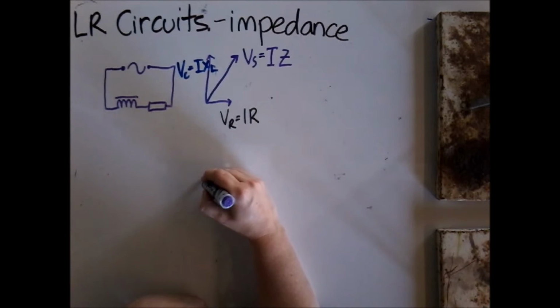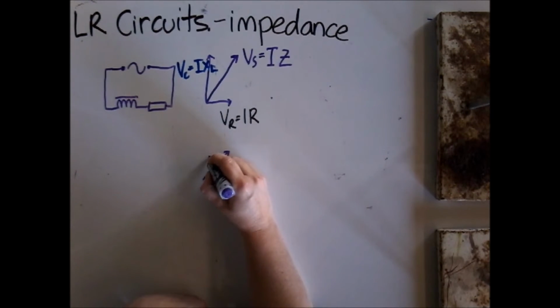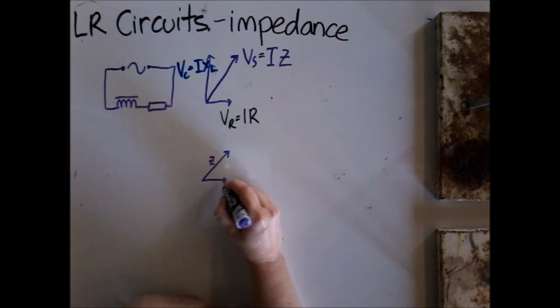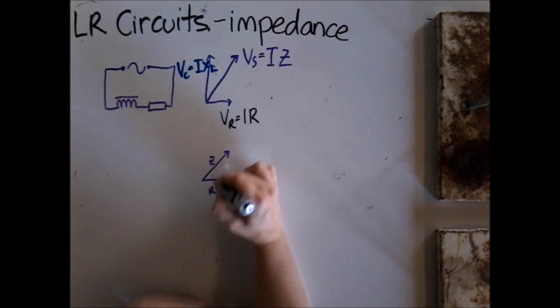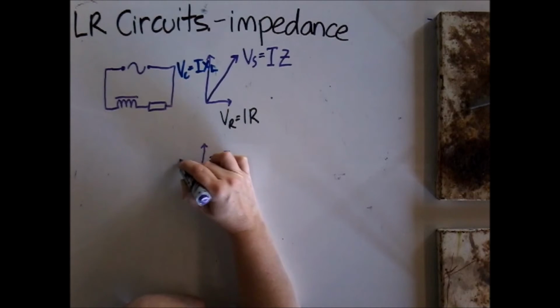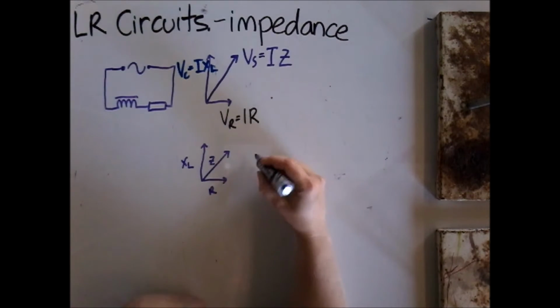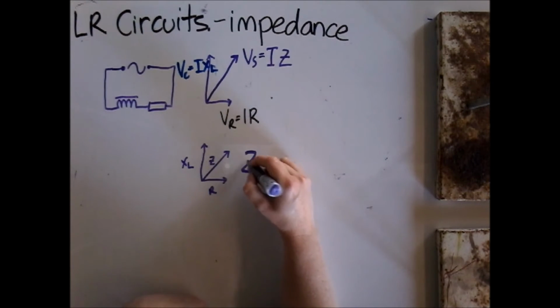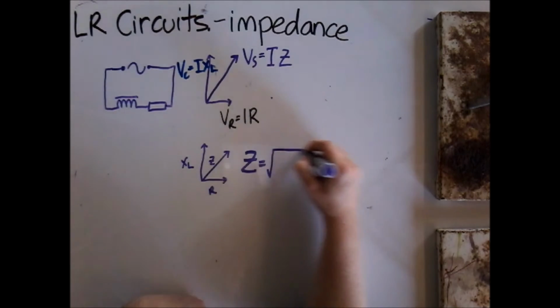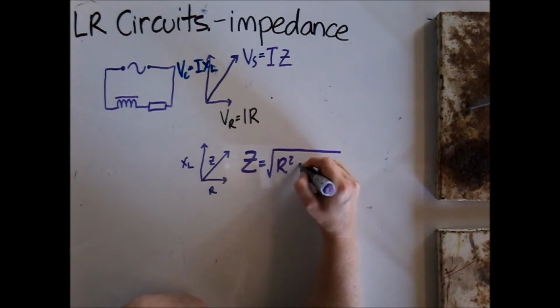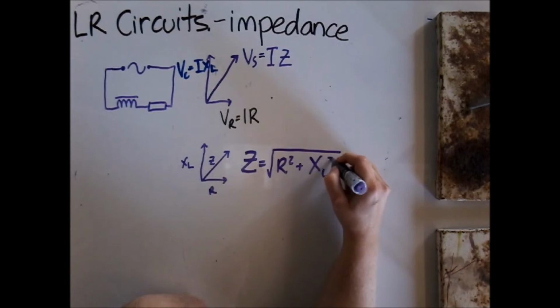So again, we can say, if this is Z, and this is R, and this is XL, then we can put them together and say Z equals the square root of R squared plus XL squared.